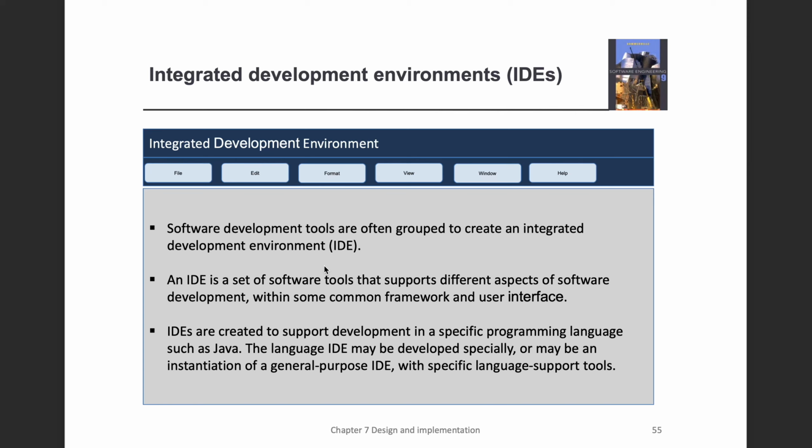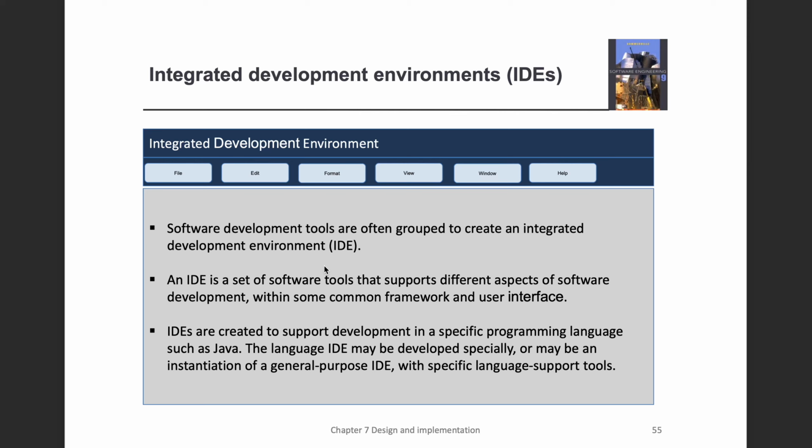So sometimes you look at one interface, another, they may look similar depending on the IDE that you are using. Let's say you are looking at NetBeans and Eclipse. You might see similar menus and other things, but the way they organize other things might be different. So IDEs are created to support development in a specific programming language such as Java.